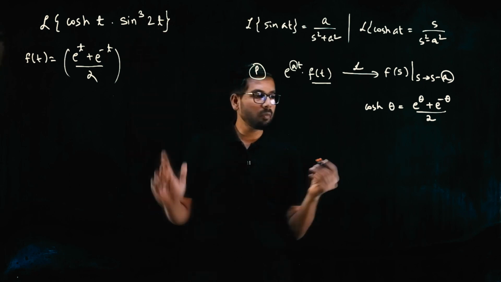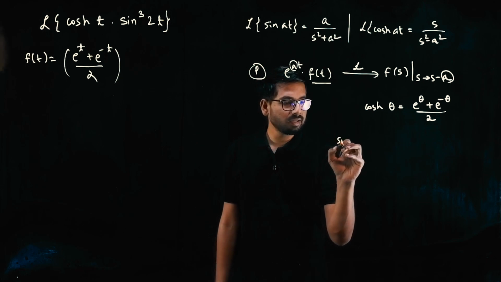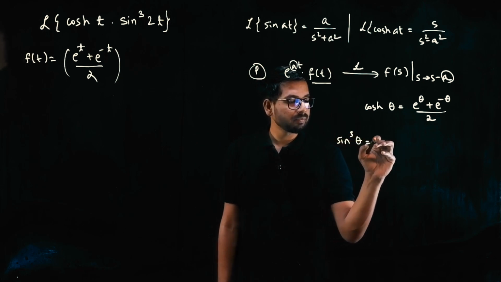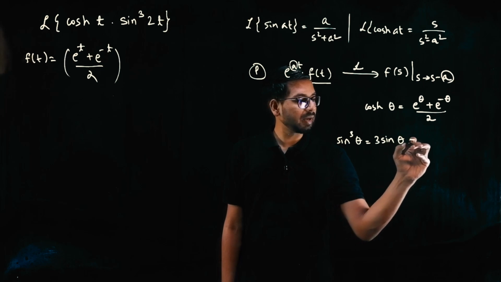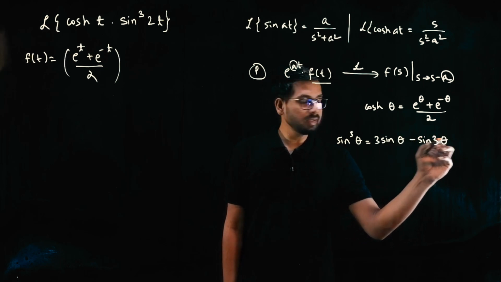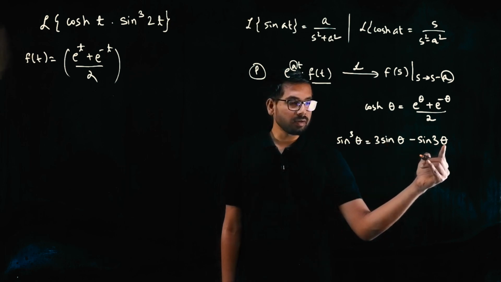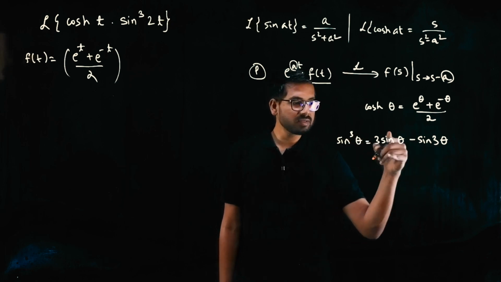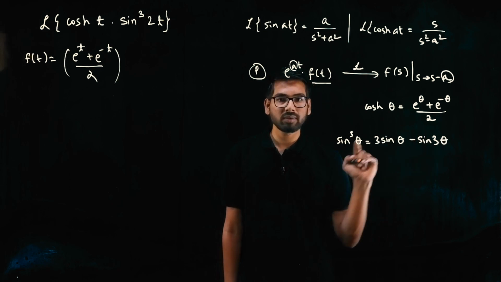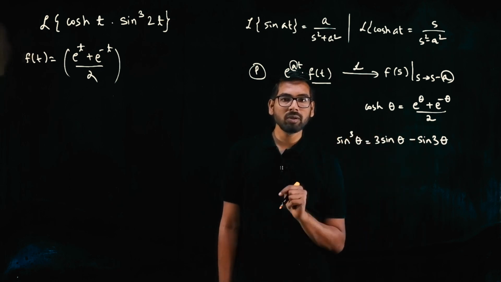If it is cube, we have one more trigonometric formula: sine cube theta is 3 sine theta minus sine 3 theta, by 4. The coefficient of theta changes to 3 theta, but the power of both of these terms is just 1: sine power 1 theta, sine power 1 3 theta. So from cube I converted them to power 1.